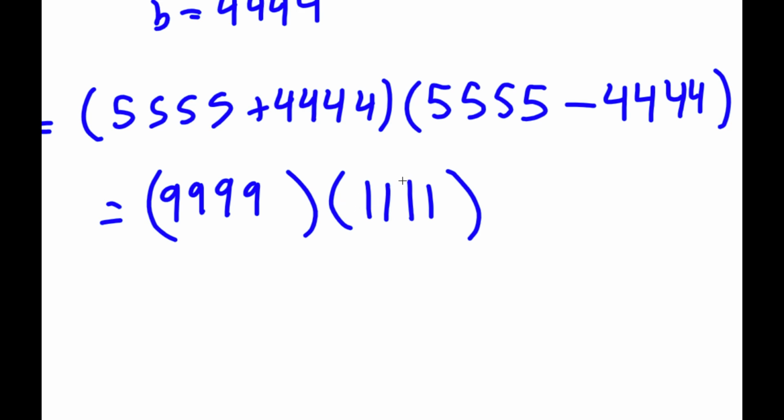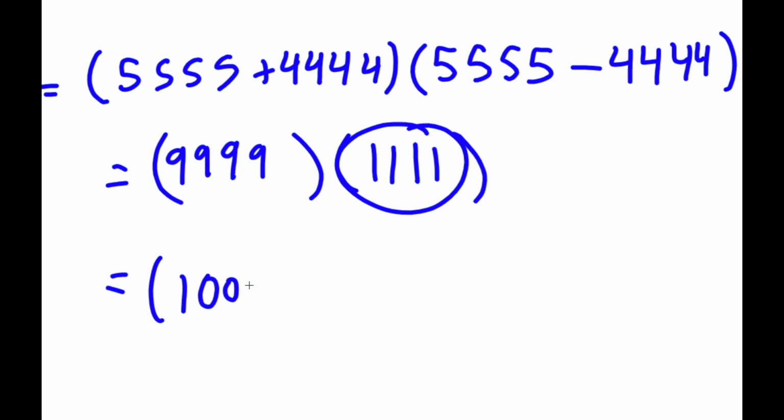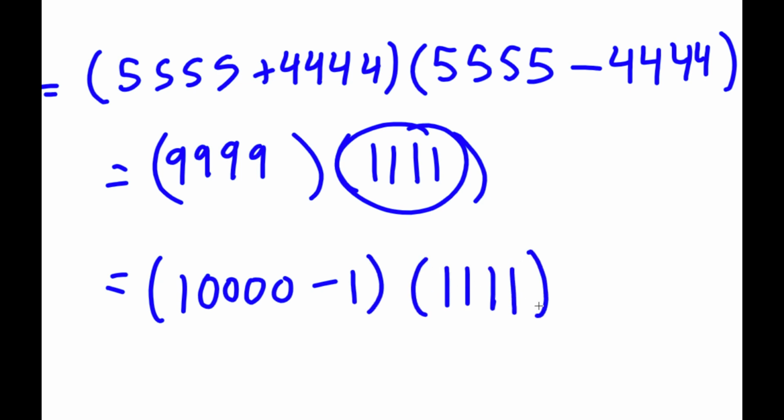So the easiest thing to do is, we see 1,111 here, and this is a multiple of 11. And because it's all ones, it's going to be really easy to multiply with this number. So what I'm going to do is rewrite 9,999 as 10,000 minus 1. So I have this times 1,111.